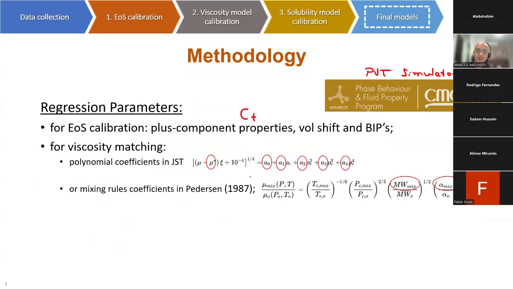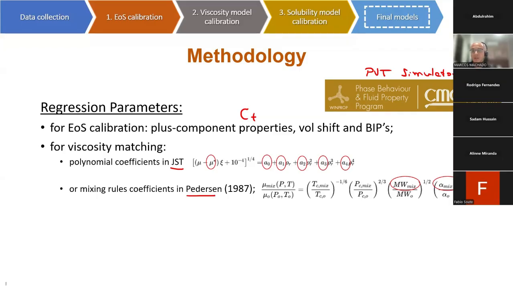For viscosity, the coefficients of the JST model can be used for viscosity matching, and the mixing rules in the Peterson equation can also be used for the matching. It depends on whether you are working with JST or with Peterson.